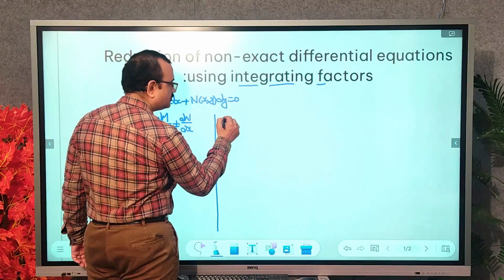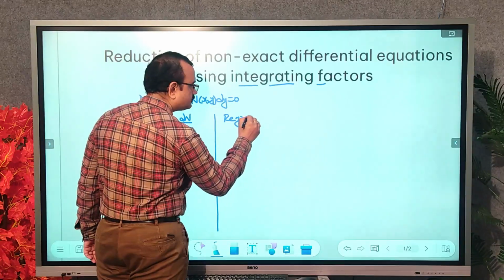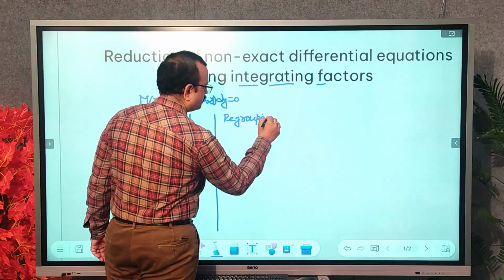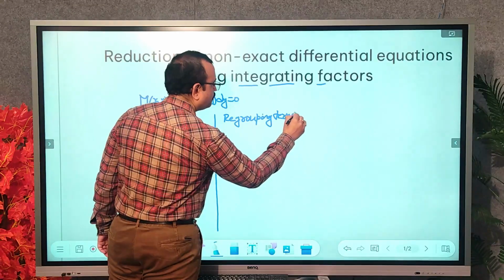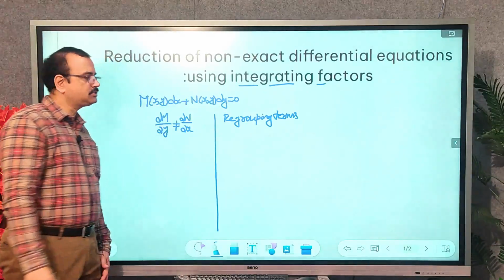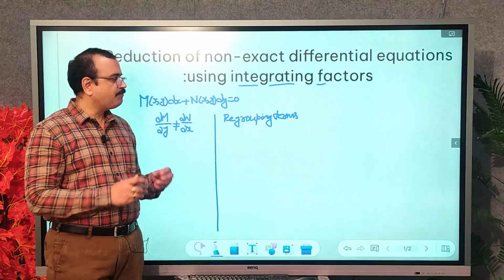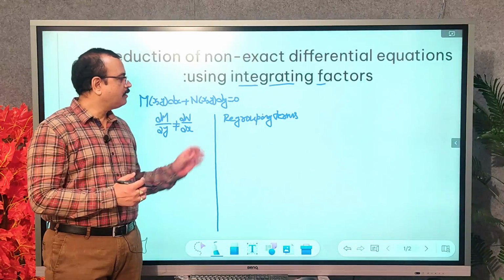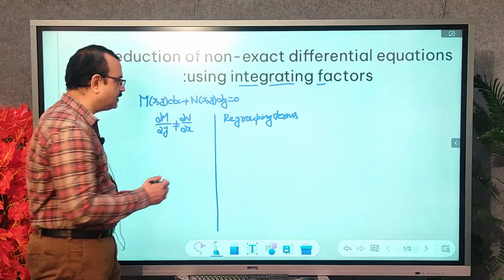One is just by regrouping the terms, or otherwise by directly identifying some function, maybe the integrating factor, and by regrouping the terms we can convert a given non-exact DE into an exact DE.